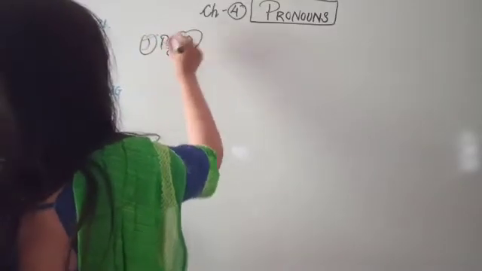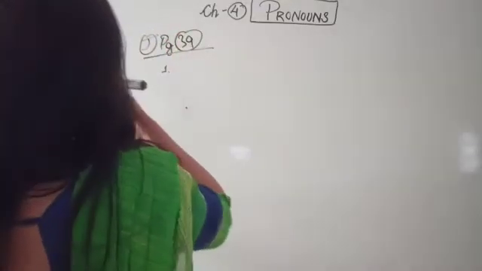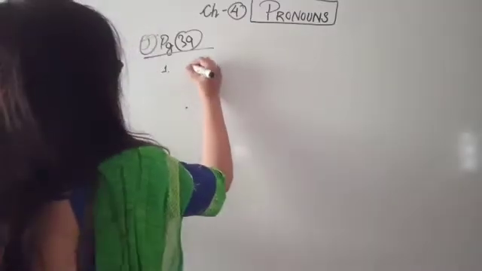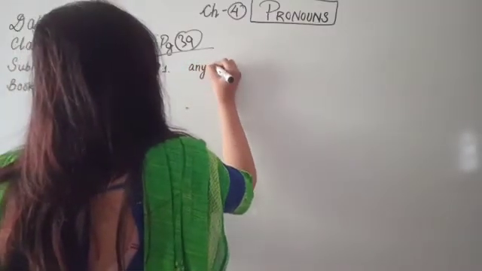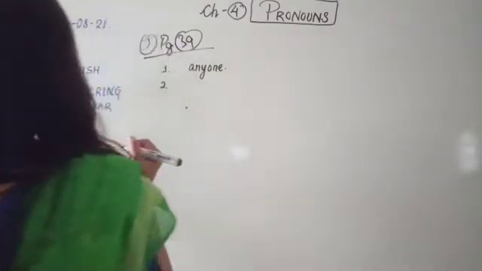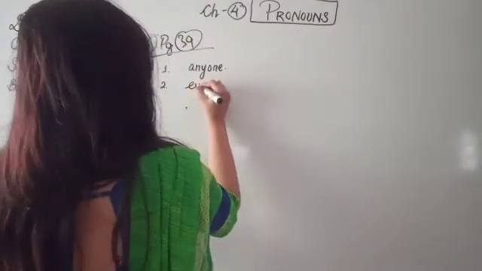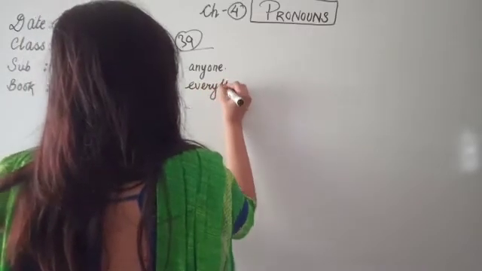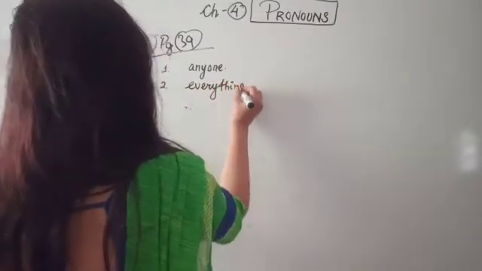Number 1, does anyone? Number 2, Rima bought everything she liked in the fair.